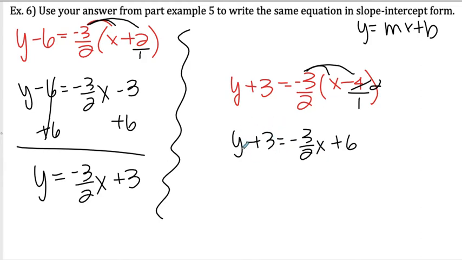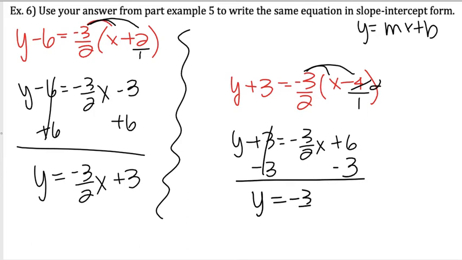And then to get y by itself, we would subtract 3 from both sides. And again, as soon as we do that, we're now in business because we have y equals by itself -3/2 x, and 6 minus 3 is +3.